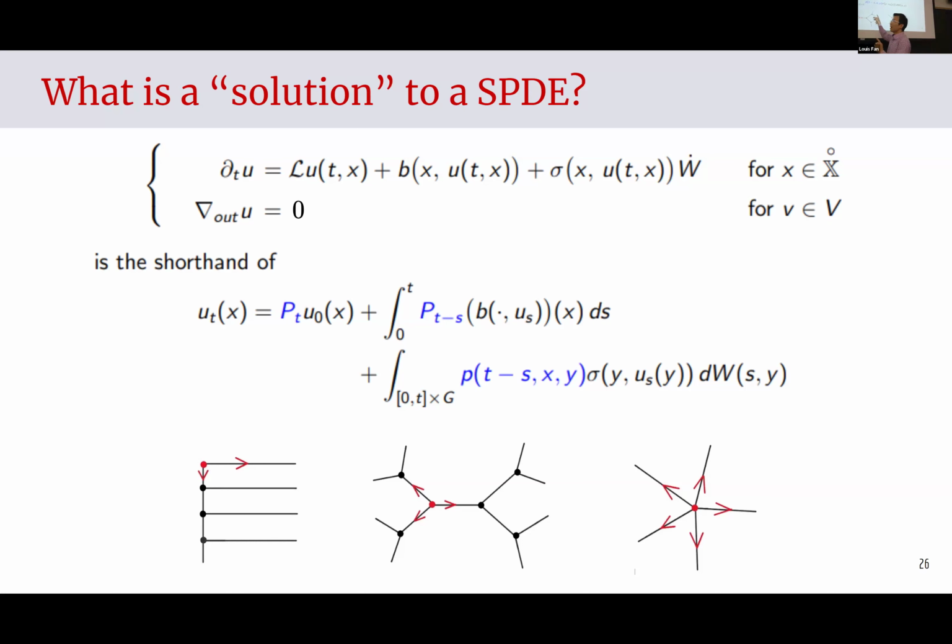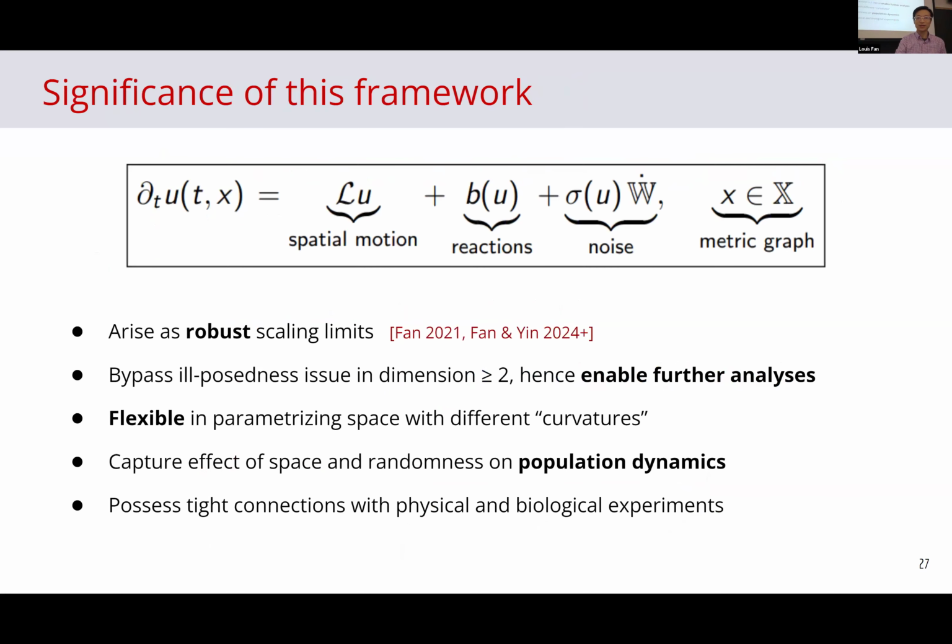And here you can see why 2 dimensions can be a trouble, because in 2 dimensions or above, the transition density is singular, right? At time equals 0, very singular. Then this term will have infinite variance, and it does not make sense. But for metric graphs, it's okay, because most metric graphs are essentially 1-dimensional. For some fractals, it's also okay.